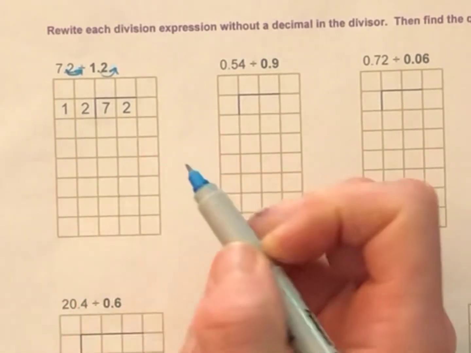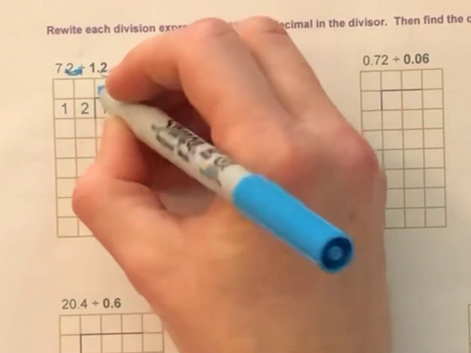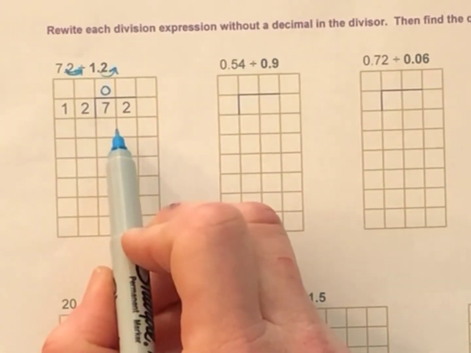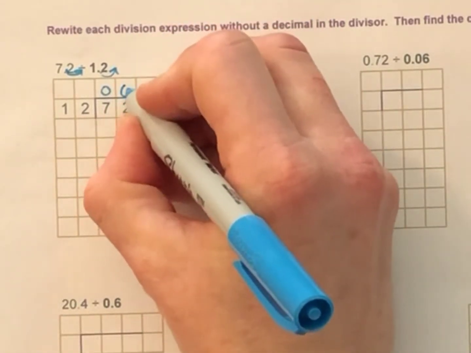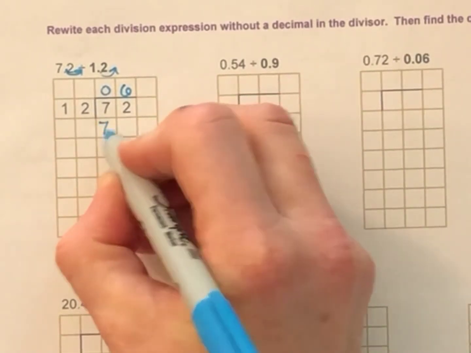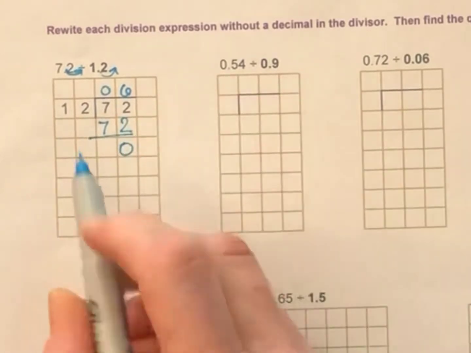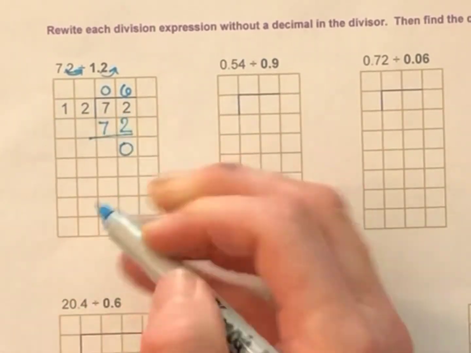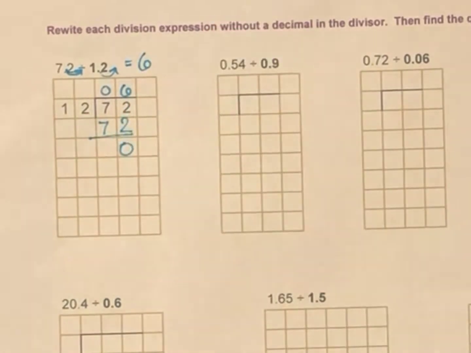Now I can divide. 12 goes into 7 0 times. 12 goes into 72 6 times. 6 times 12 is 72. 0. I have no decimals, so my final answer is 6.